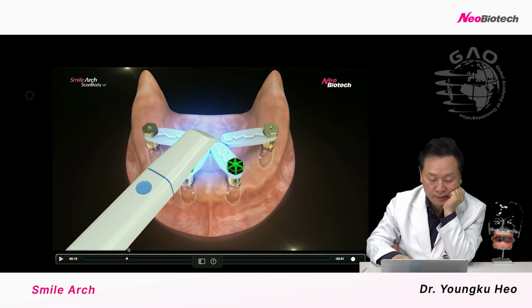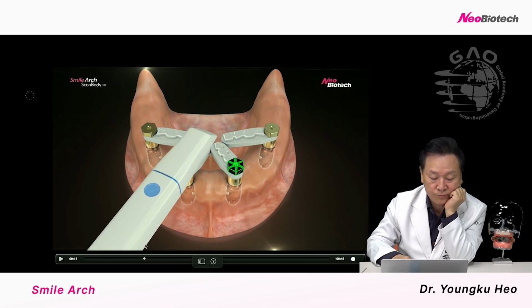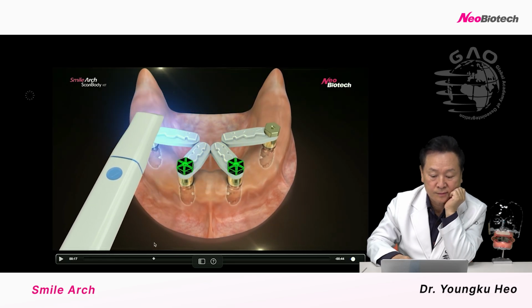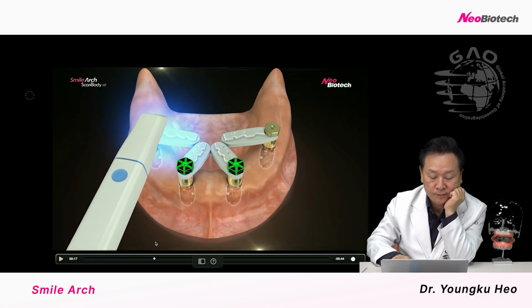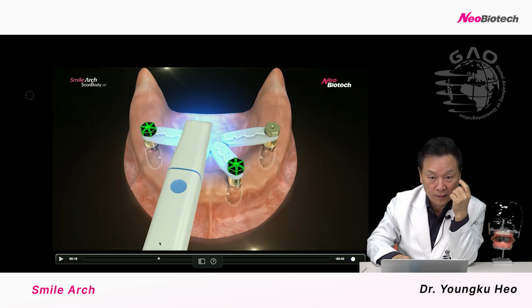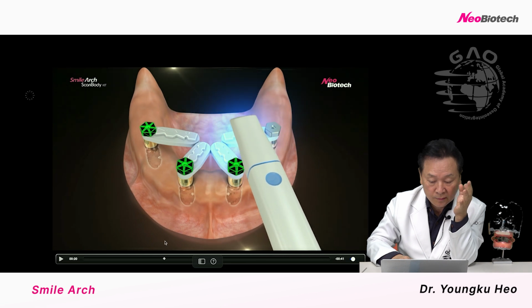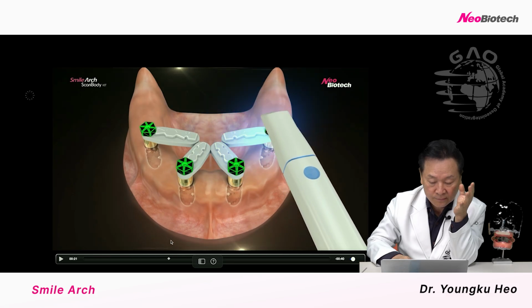The scan bar will determine the individual implant position, like this. The main idea is that when scanning the arch, because we're using this bar, it acts as a bridge, so we minimize the distortion of this scanning.